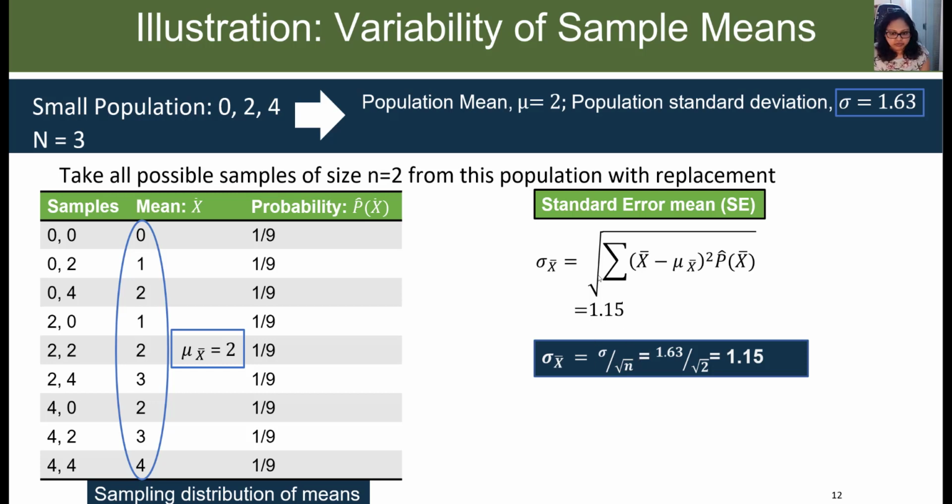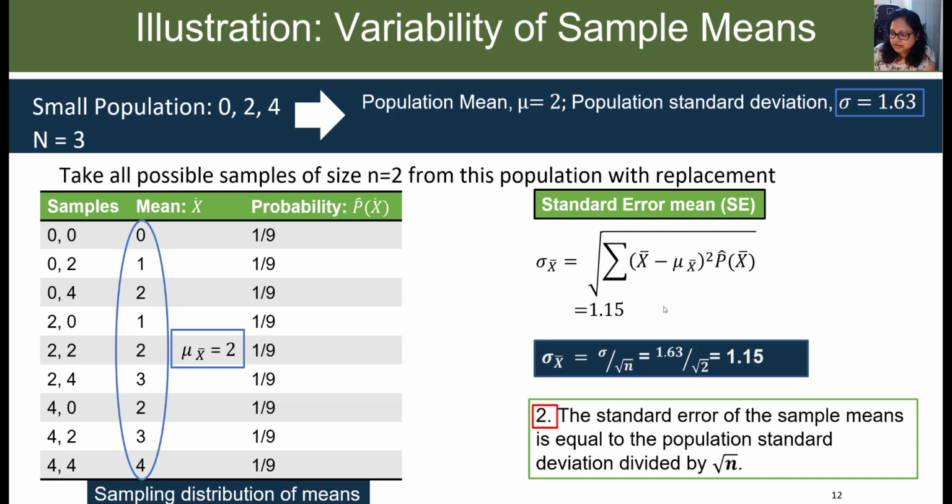Each time the sample size we took was 2. Then you will see that it is exactly the same as the standard error of the mean. That is, if we know the population standard deviation, divided by the square root of the sample size you took every time, then it's our standard error. So the standard deviation of the sample mean is related to the population standard deviation.